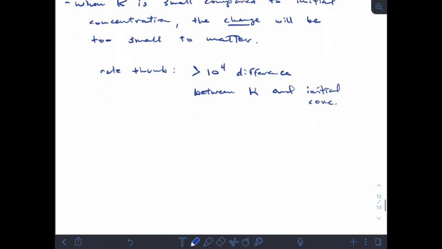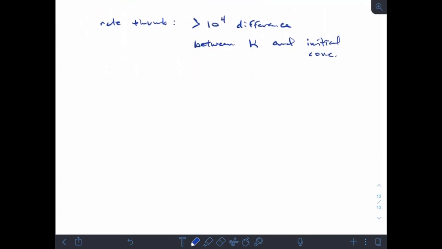Okay, so let's see how this plays out. We have our dihydrogen sulfide in equilibrium with hydrogen gas and sulfur gas. We have Kc equals 1.67 times 10 to the minus 7.